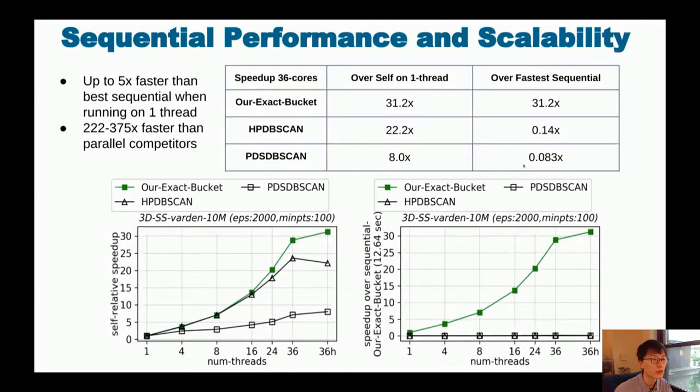They did not outperform the best sequential implementation, even when using all the cores. This is because the competitor methods, the baselines, are not work efficient. Our method, being work efficient, performs well in both cases. Overall, we have 200 to 300 times speedup in comparison to existing parallel competitors.